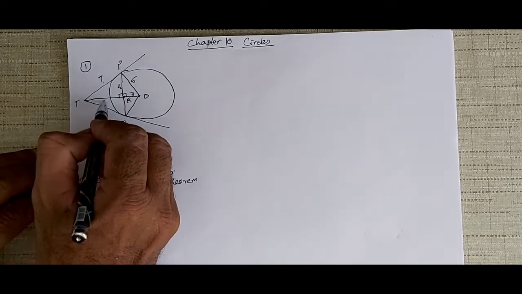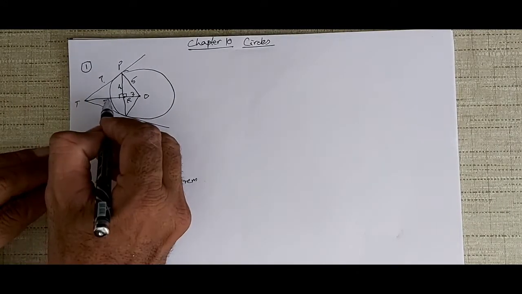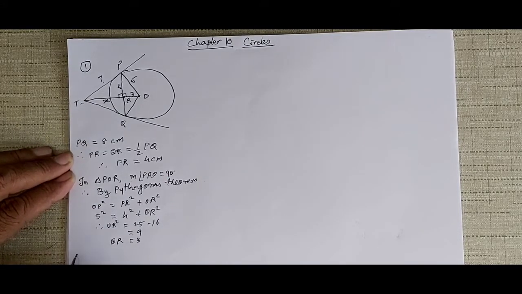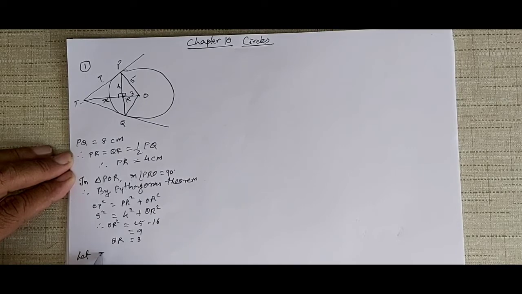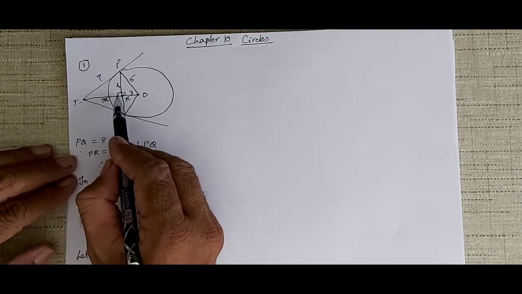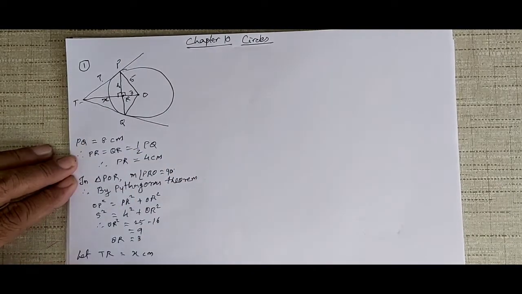Let us suppose TR is x centimeters. Now you can see this is also a right angle triangle, triangle TPR.